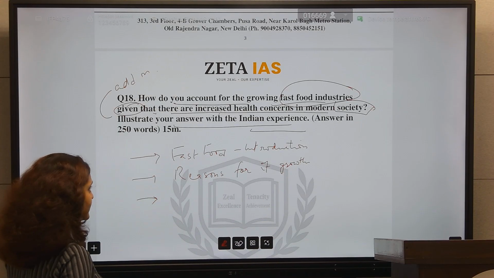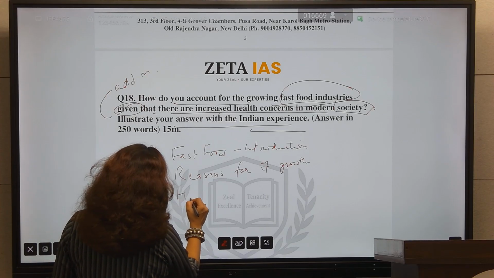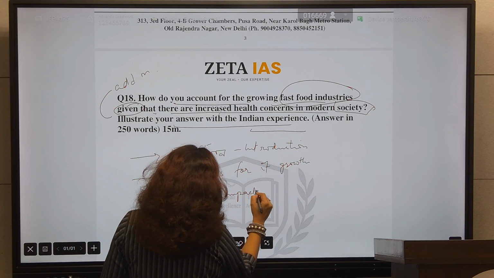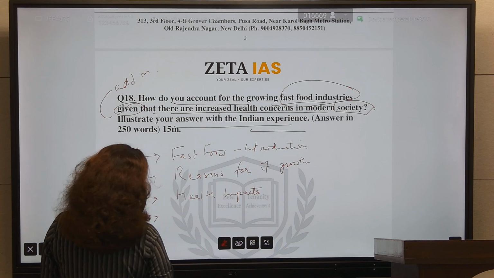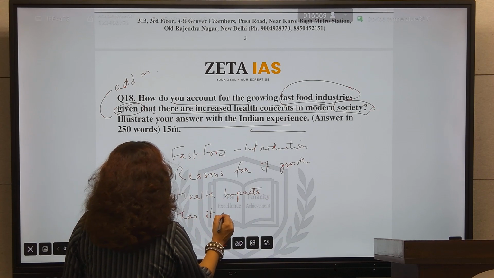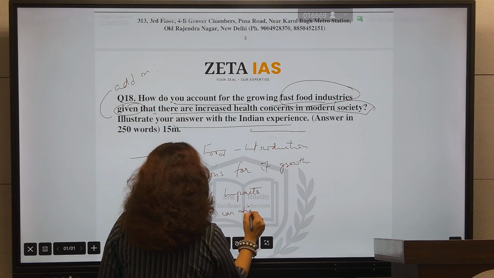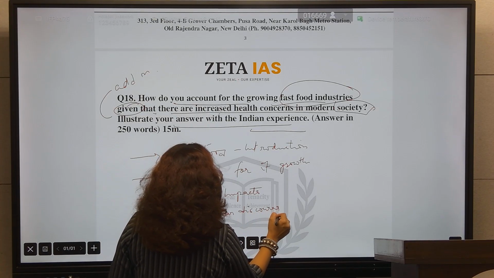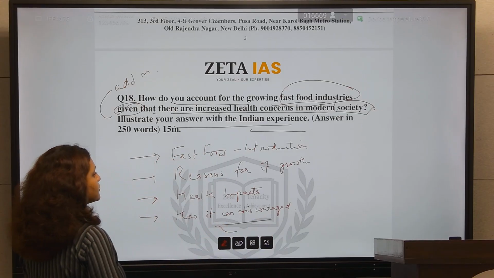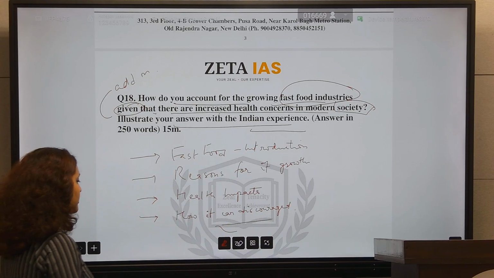Then lastly, the health impacts it is having. How it can be discouraged, and this will also form part of your conclusion. So this is the structure that you have to follow.